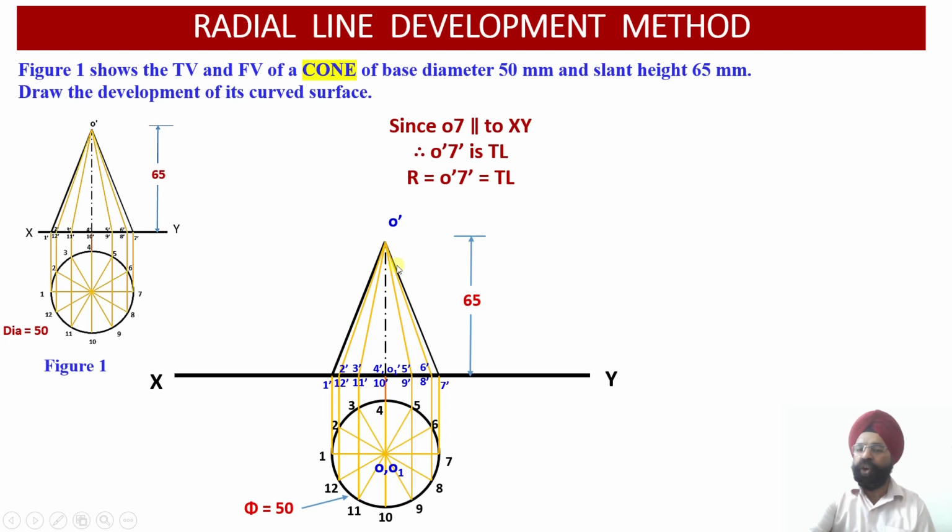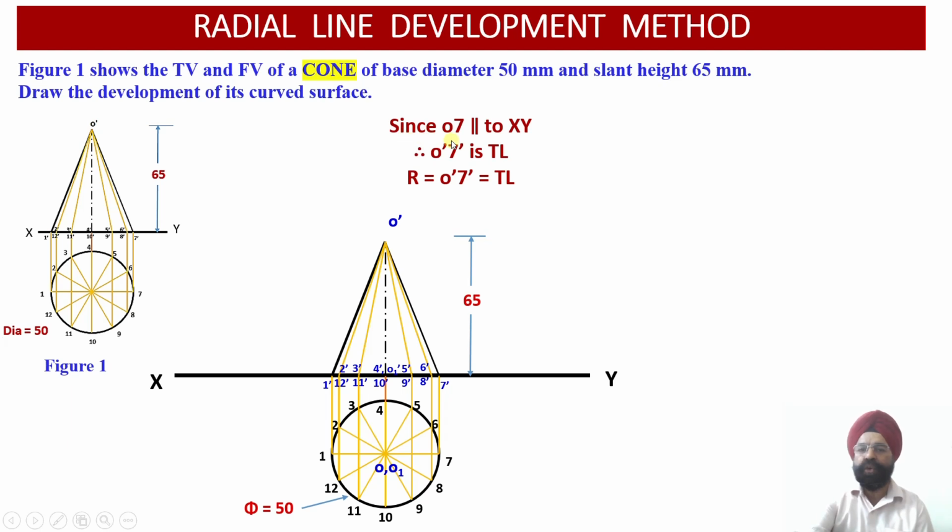And we need only two things in order to be able to draw the development. We need, number one, the slant generator true length which is available, that is you can choose O dash 1 dash, you can choose O dash 7 dash, and both of them happen to be equal.